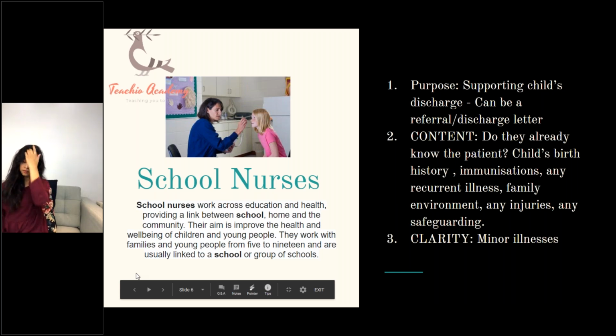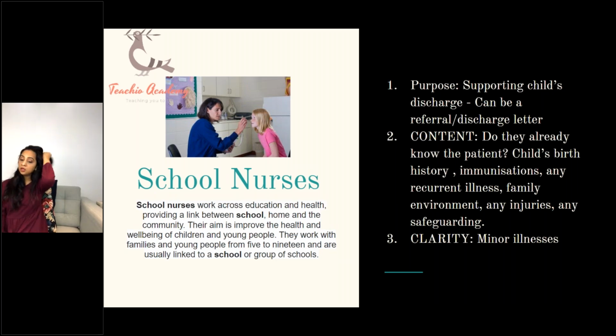So these do appear, they appear 1-2 times on the OET, and people lost their mind when they got this on their OET. So school nurses are basically nurses who provide a link between the school, home, and community. So they're basically based in a school, but they get students from that catchment area, and they help provide healthcare for this child in the school.